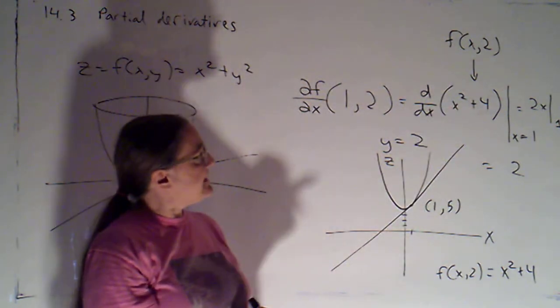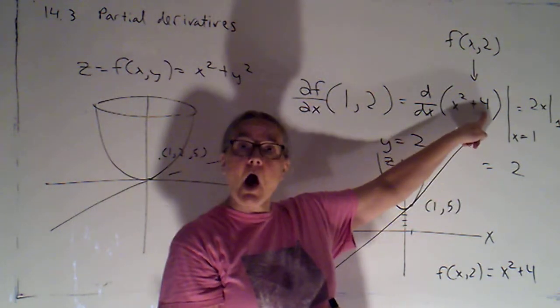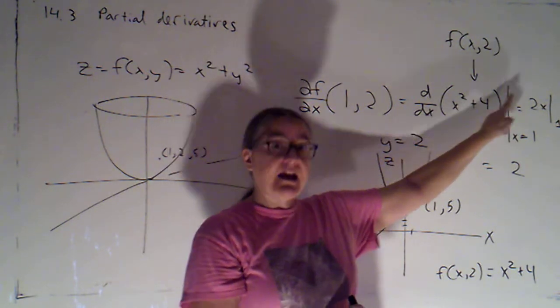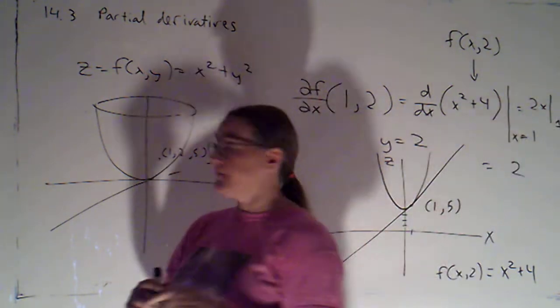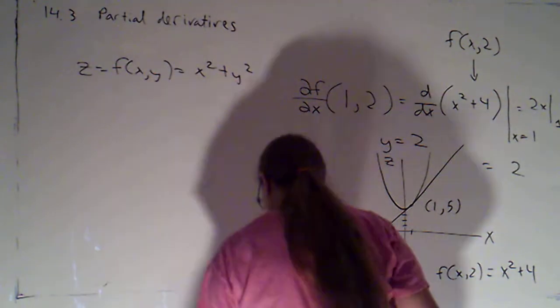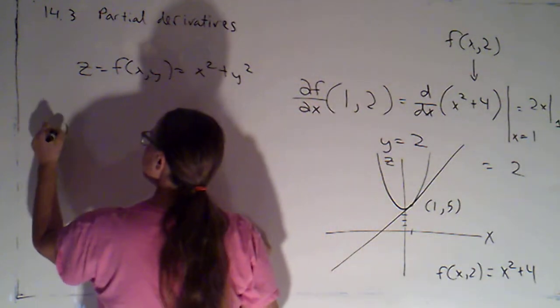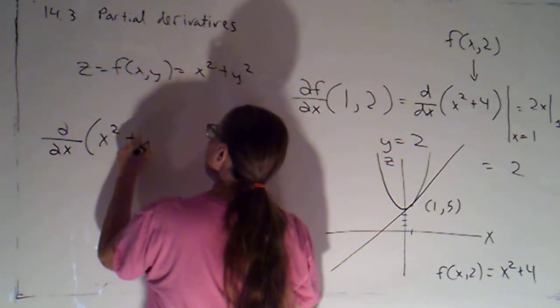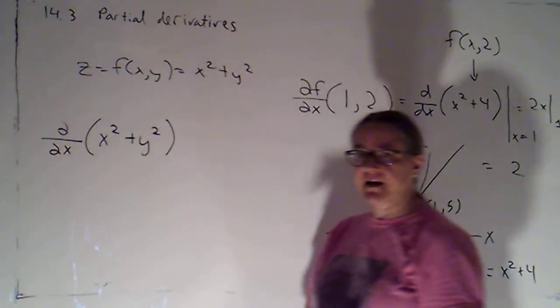What I did in this case is I plugged in that constant value for y first, and then I took the derivative. But if I want to, I can say I wanted to take the partial with respect to x of x squared plus y squared.